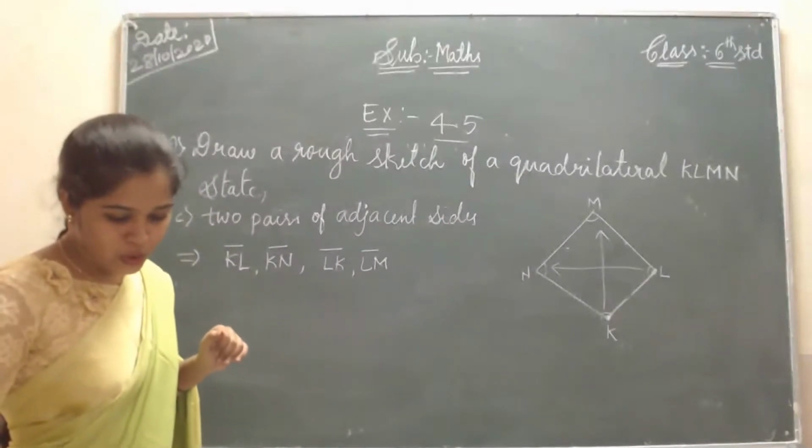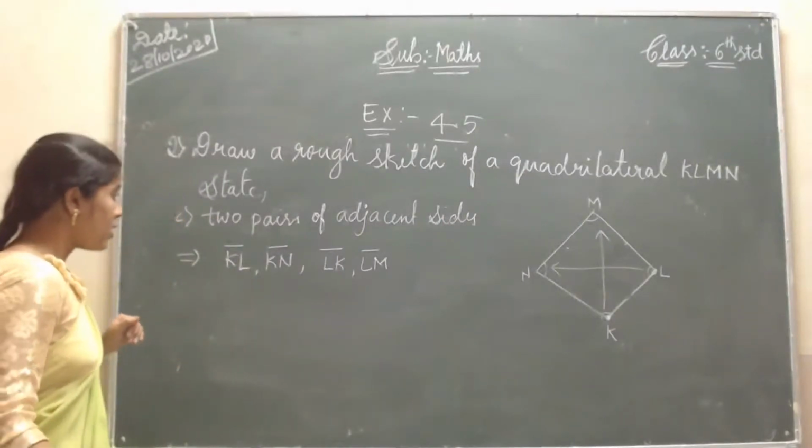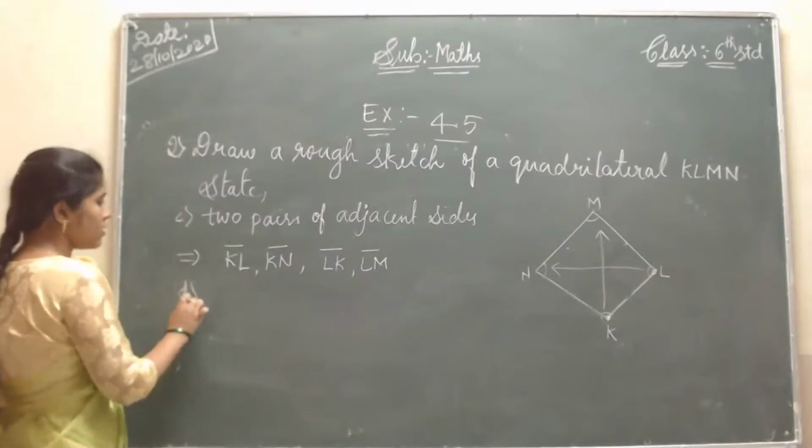Next, two pairs of adjacent angles. Here we have to write the D part.